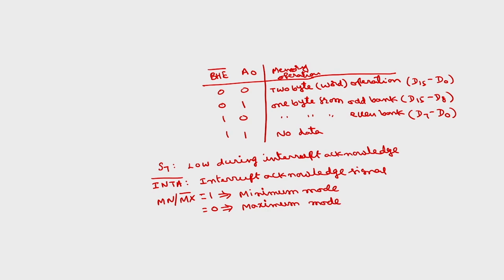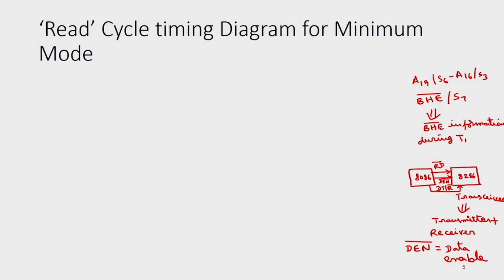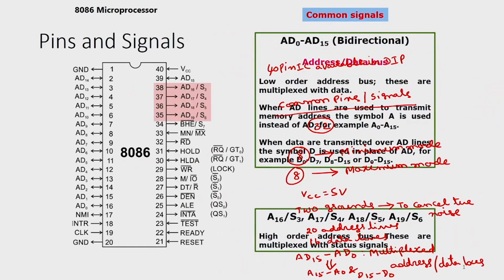So, till now we have discussed all the common signals, and there are some signals used in minimum mode. So, we have discussed all the common signals up to this point. I will come to this later. Then the remaining 3 common signals are test bar, ready and reset.